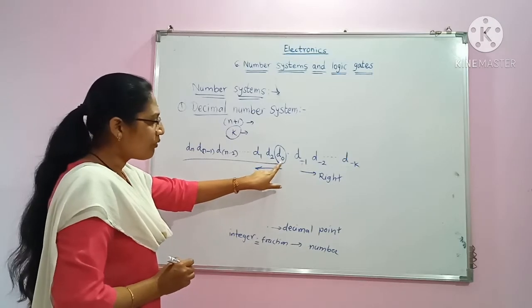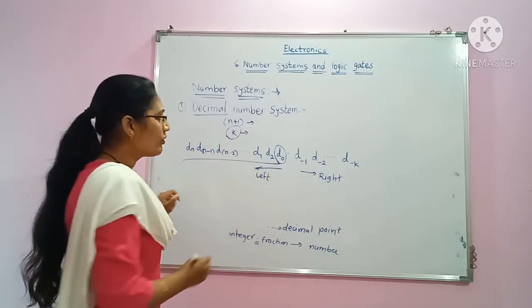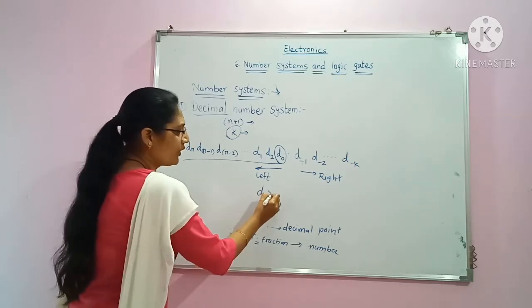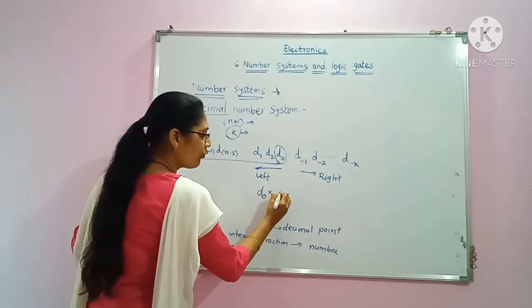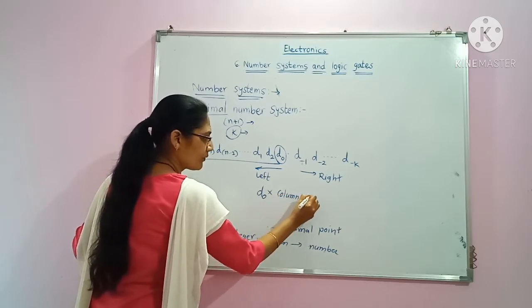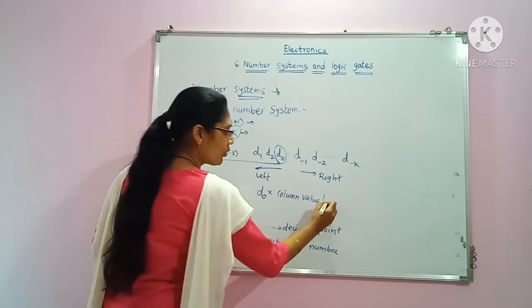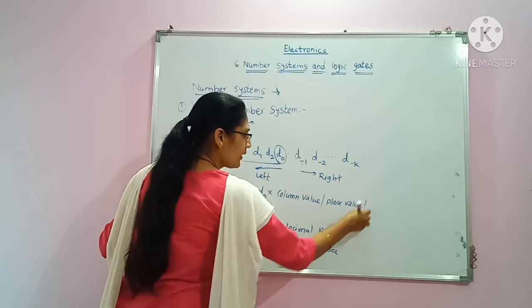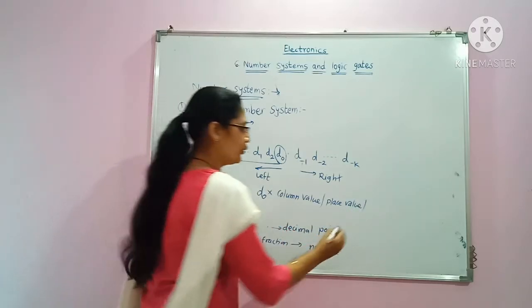The value of each digit will be found out by multiplying that digit with its column value, or it is also called the place value, or it is called the weight value.